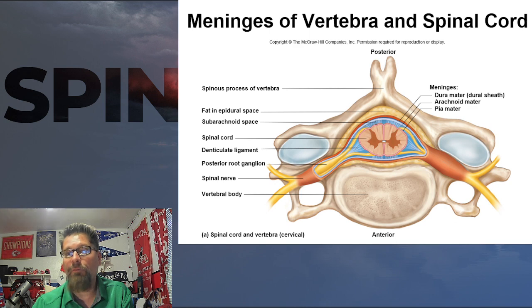It follows the contour even down into the fissure, reaching up into the commissure, which is the spot that connects the right and left side of the spinal cord. So that's the pia mater. Again, it wraps around the spinal cord just like a very tight-fitting glove, and offers protection, limits movement of the spinal cord, and then there's the attachment to the first coccygeal vertebra.